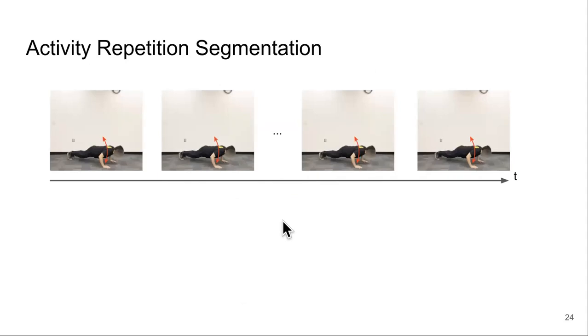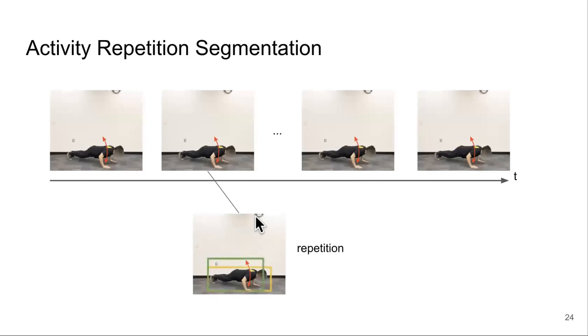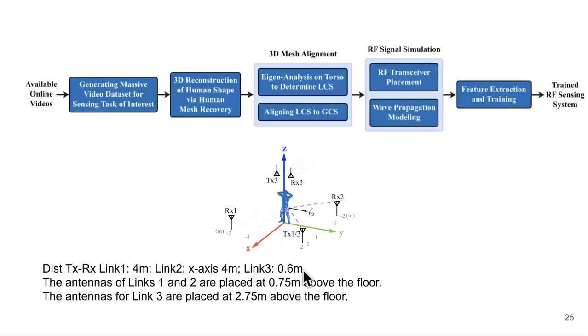To determine the period of each repetition, the authors first employ Mask R-CNN to extract the bounding box of the person, and then check the periodicity by the aspect ratio of the bounding box across the video.